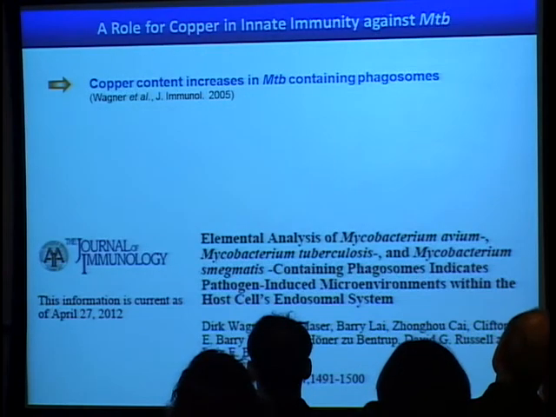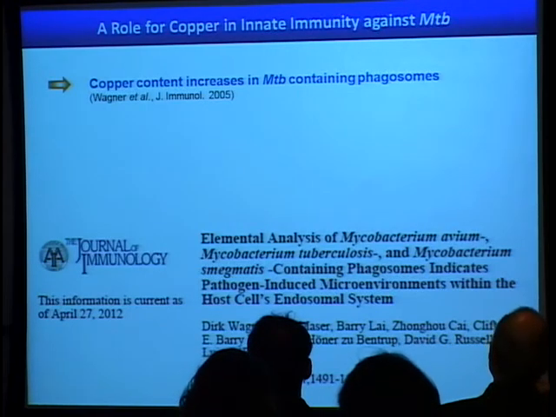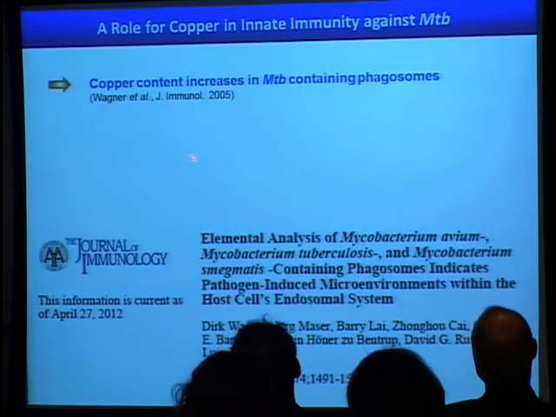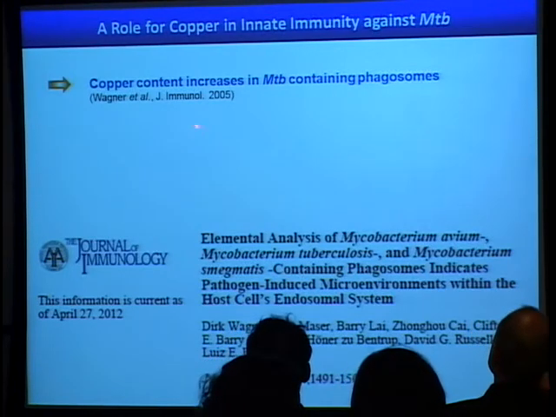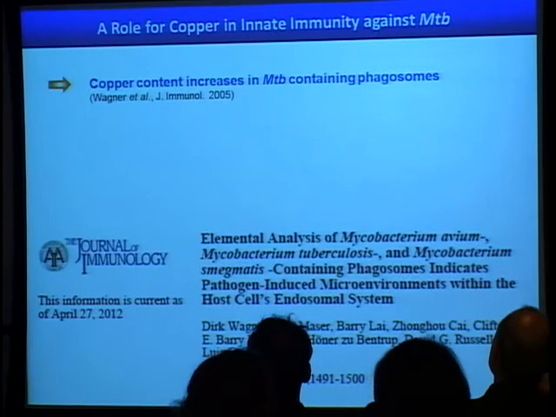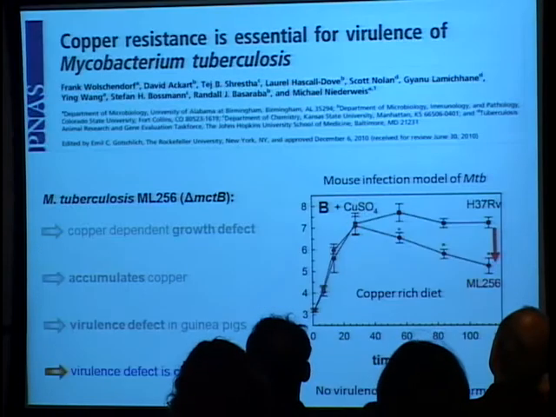What are the sources of copper in a human host? There are a few publications out there. One I mention here identified that Mycobacterium tuberculosis is exposed to elevated copper levels in the phagosome.